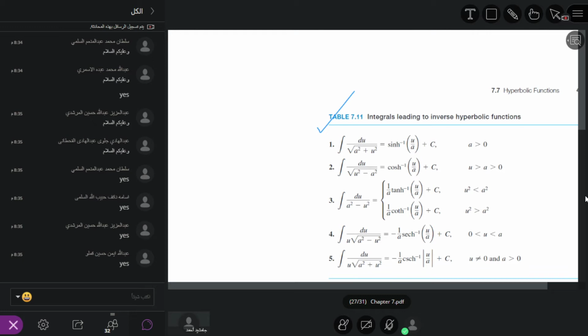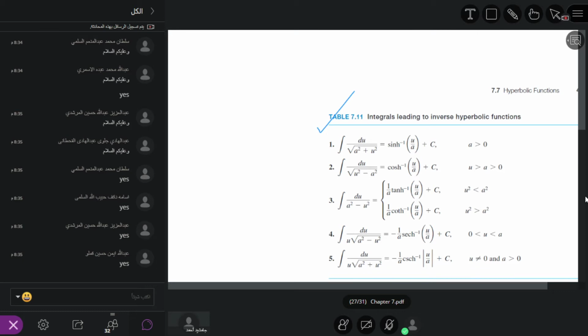What is the question? Find the remaining 5 hyperbolic functions. It means find cosine hyperbolic x, tan hyperbolic x, cotangent hyperbolic x, sec hyperbolic x, and cosec hyperbolic x.